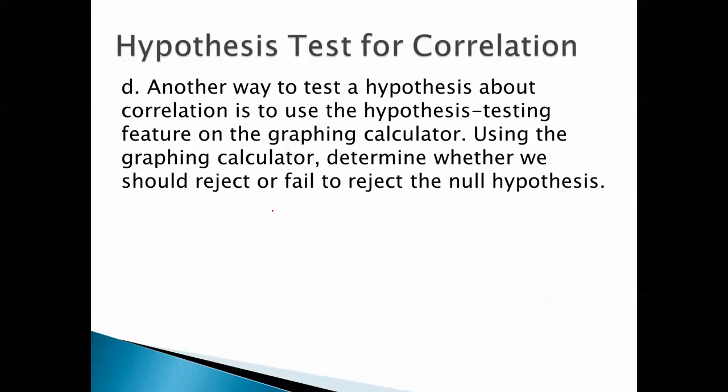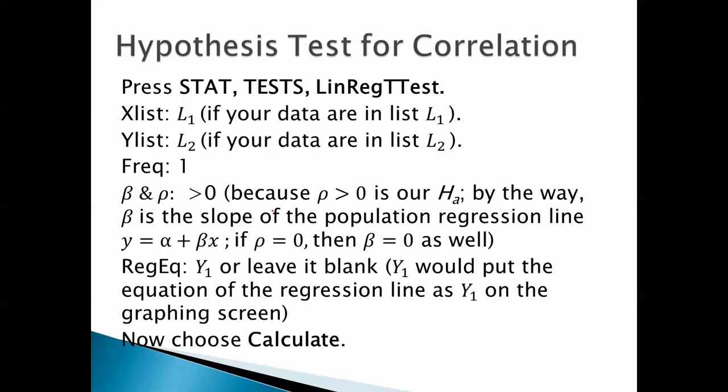Another way to test a hypothesis about correlation is to use the hypothesis testing feature in the graphing calculator. Using the graphing calculator, determine whether we should reject or fail to reject the null hypothesis. Okay, so quickly I'll say this and then I'll show you. Press Stat, Tests, LinRegTTest. Your data are in L1 and L2, assuming your data are in those lists.